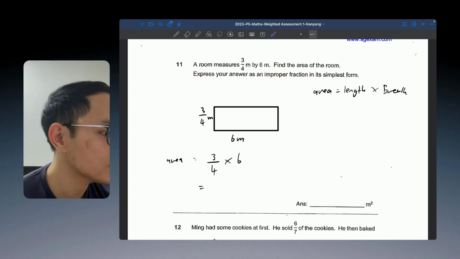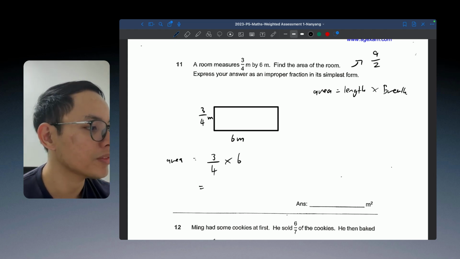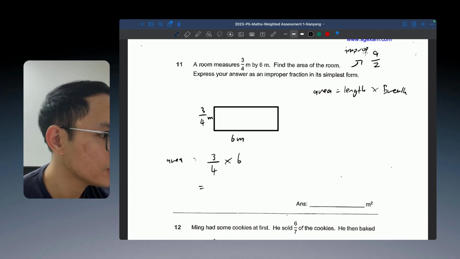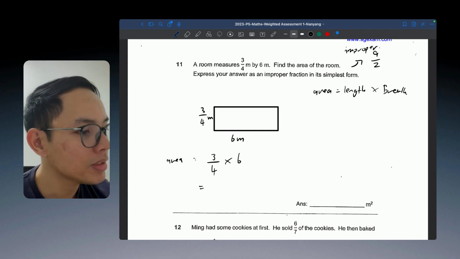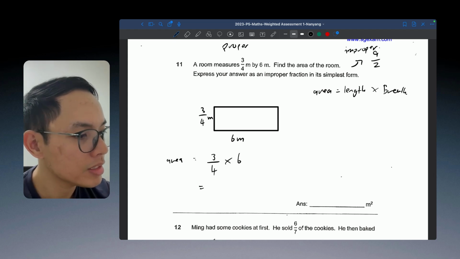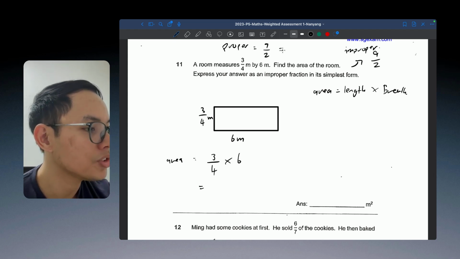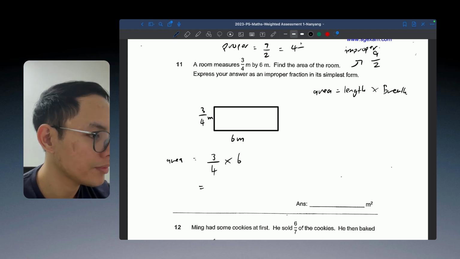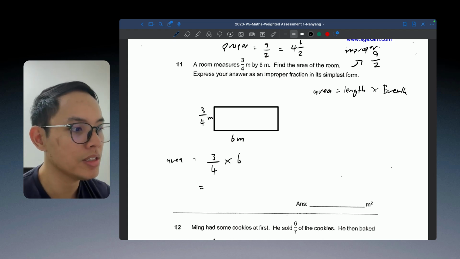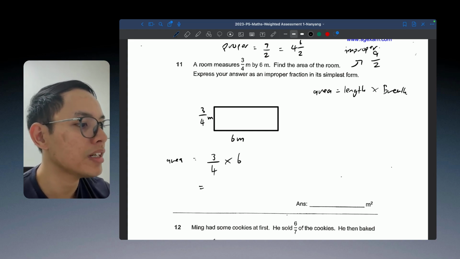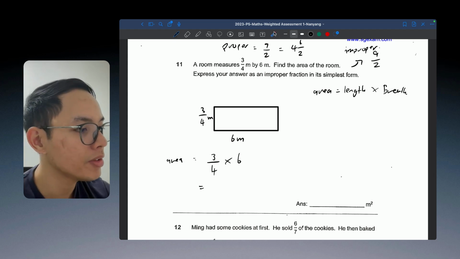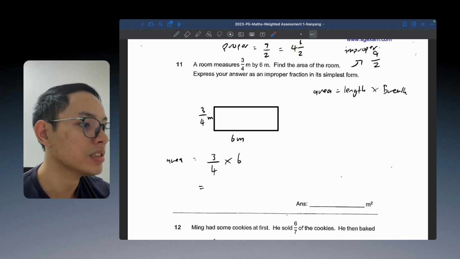So improper fraction means, for example, if you have 9/2, that is an improper fraction, right? Proper fraction is essentially, if it's 9/2, you roughly know it is 4.5. Proper fraction means you must make sure that you simplify it to a whole number and also the fractions left. Improper is just everything like this.